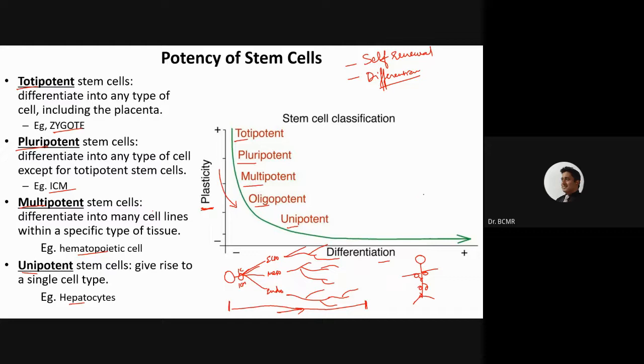And in all the tissues, you have stem cells, and that keeps the cell number homeostasis. What is meant by cell number homeostasis? Homeostasis is maintaining the same number, the same conditions. Here we are saying cell number homeostasis, that means maintaining the same cell number.